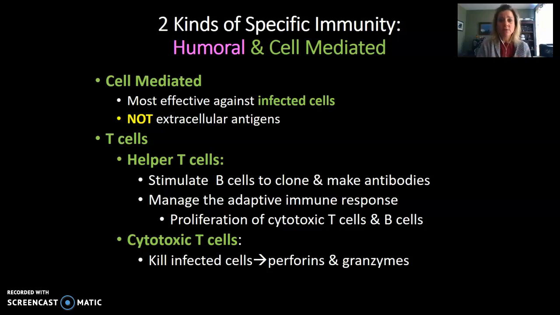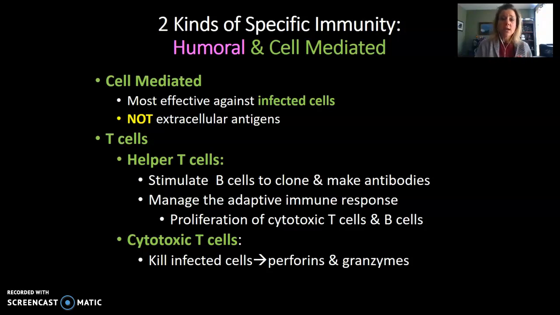So we have a number of different T cells that I wanted to run through and explain to you. For instance, helper T cells are the ones that receive the antigen from antigen-presenting cells. And when they are presented with an antigen that matches their receptors, they're going to release cytokines. These chemicals are going to stimulate cytotoxic T cells to divide to form more cytotoxic T cells as well as memory T cells.